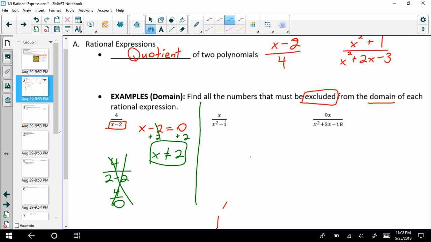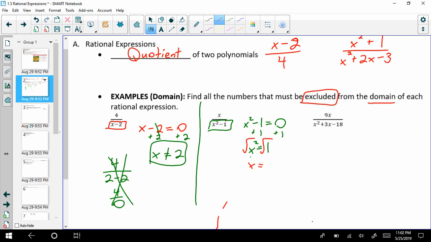Next one. Again, let's focus on the denominator because that's where my issues are going to be. I don't want that to be 0, so let's set it equal to 0 and solve it. Well, if you want, you could add 1 over. And then to get rid of the square, I would square root. A square root and a square cancel.